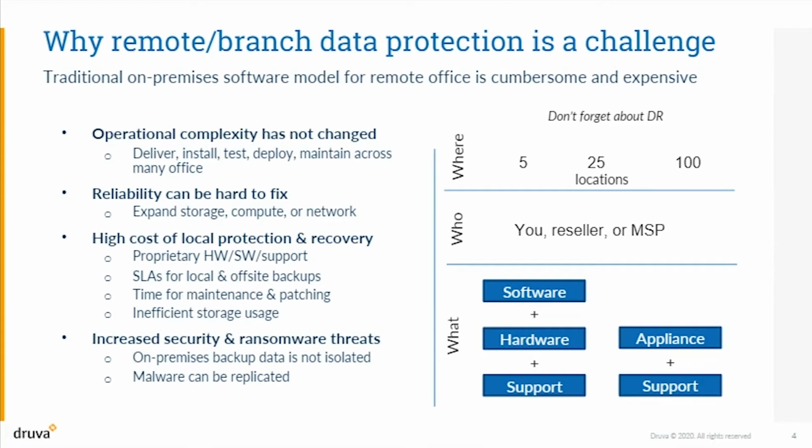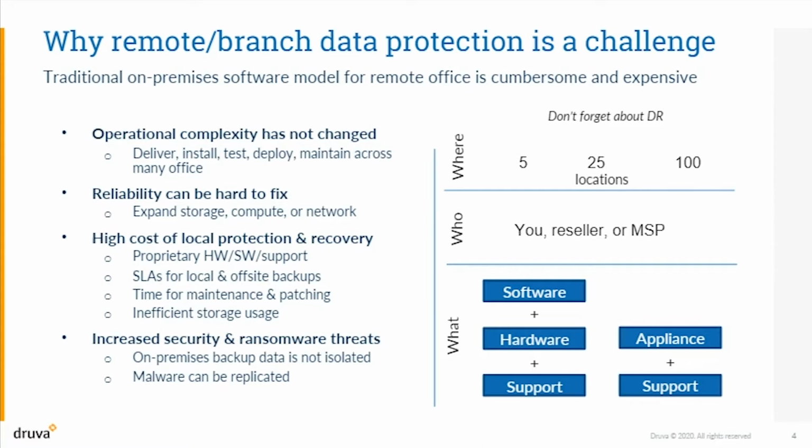But that's partially because of the model that companies follow to protect that data, which is a hardware-based model, I should say hardware and software. And that means that, for these offices, you're typically putting in some piece of software, hardware, and support. And that means you need to deliver, install, test, deploy, and maintain that across a number of offices.